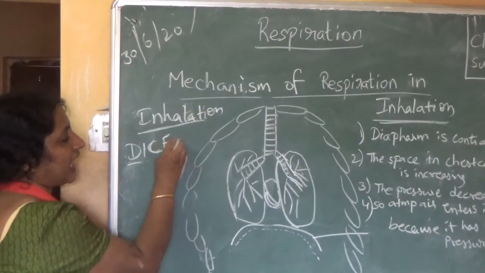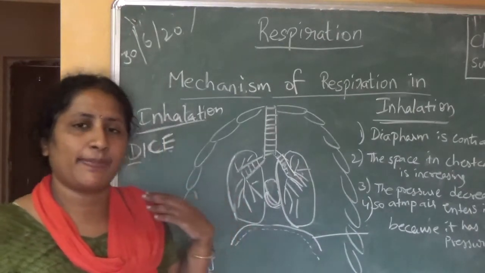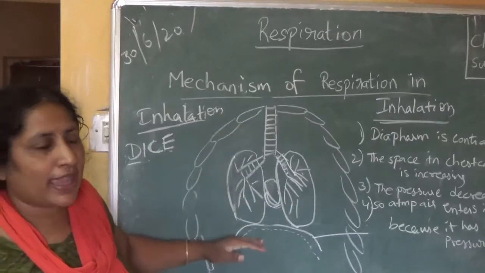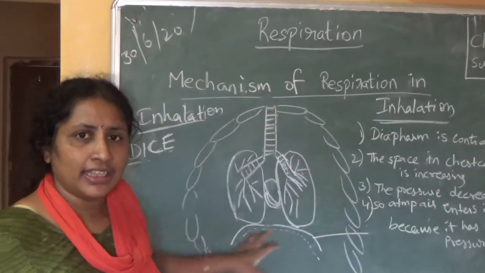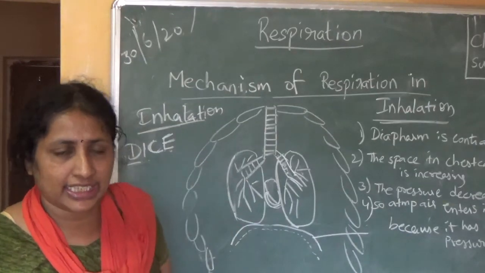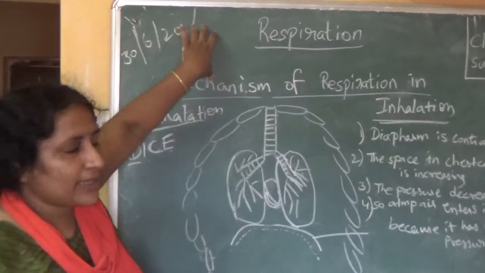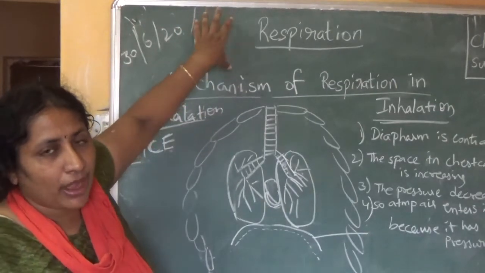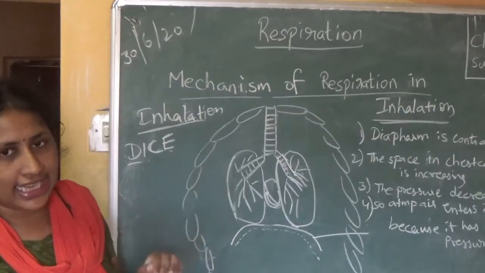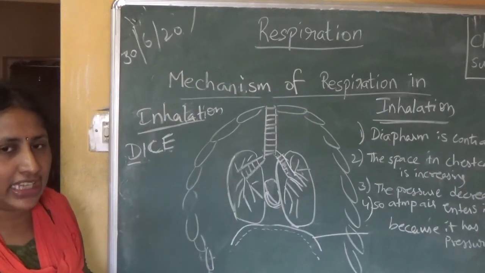So the pressure in this region is decreased. So what happens? The atmospheric air from outside enters into the lungs. In this way, air is entering into the lungs. This is the process of inhalation.